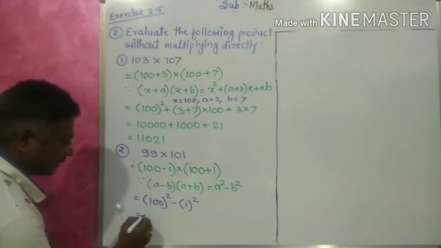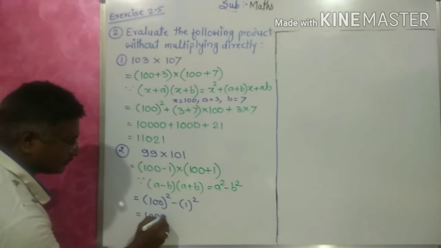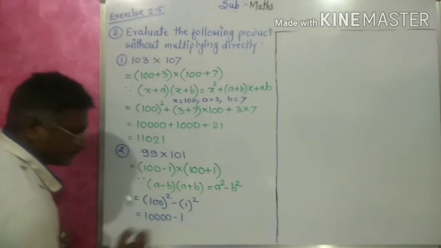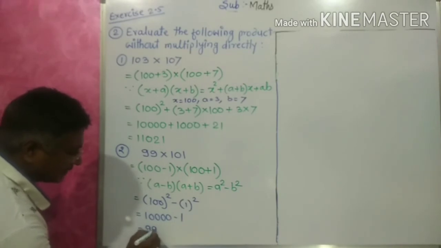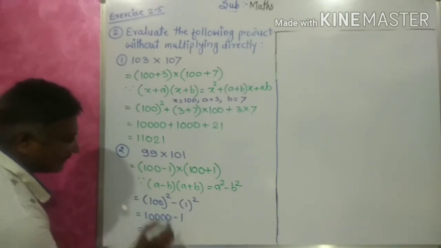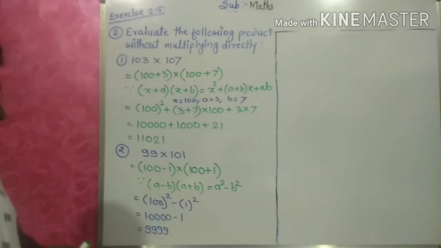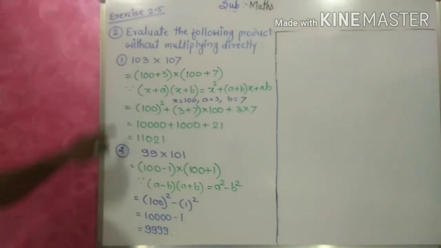So 100 square means what? 10,000 minus 1. 10,000 minus 1 means what is? 9,999. Understood, student, how to solve?